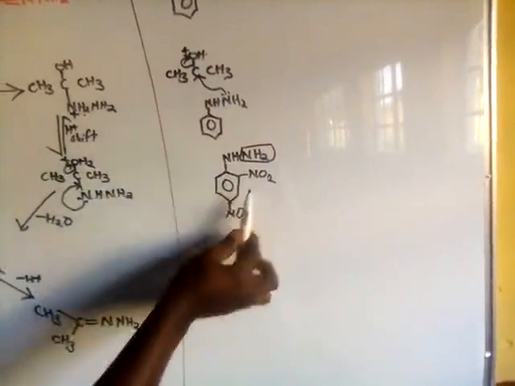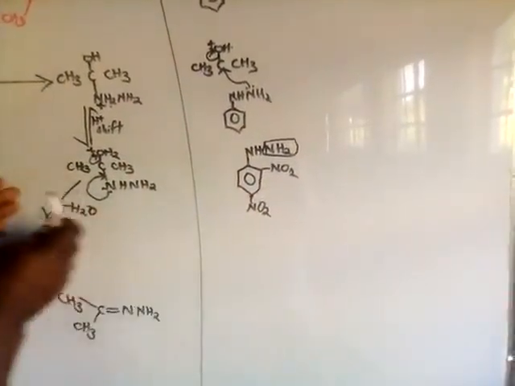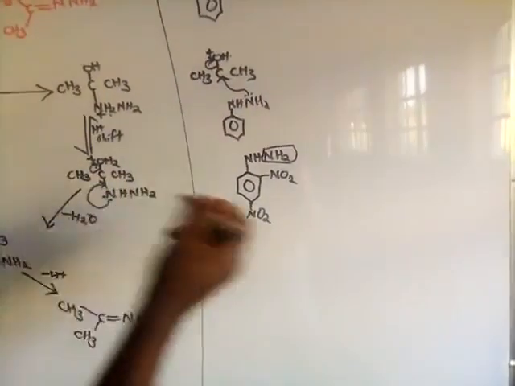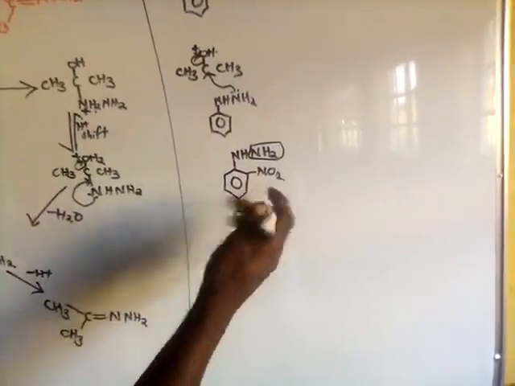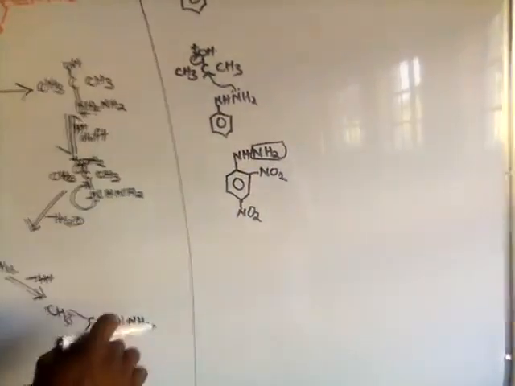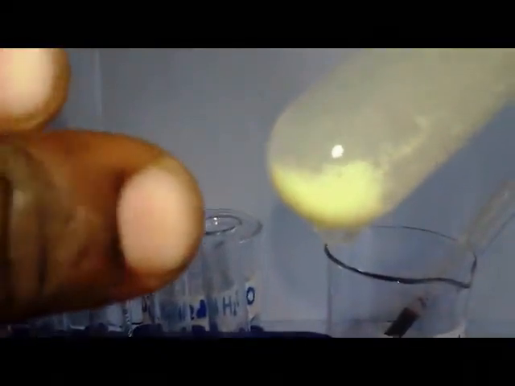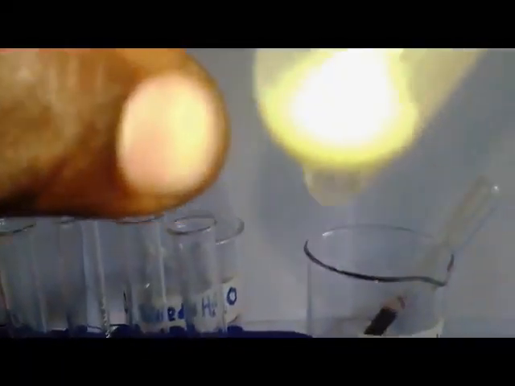Let me say in this case, you just keep on drawing the entire thing, and you are going to follow the mechanism in a similar way. And this is the product formed between any carbonyl compound with 2,4-dinitrophenylhydrazine. During practical, it's going to be a yellow precipitate or yellow PPT, to indicate the presence of the carbonyl compound.